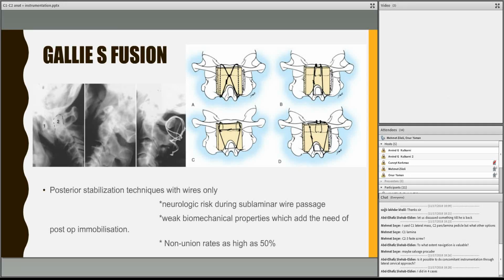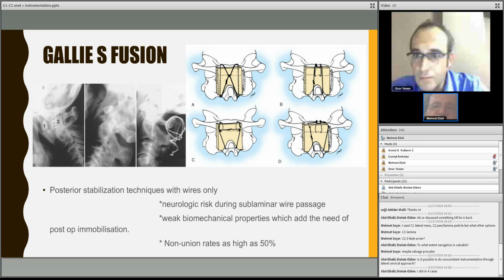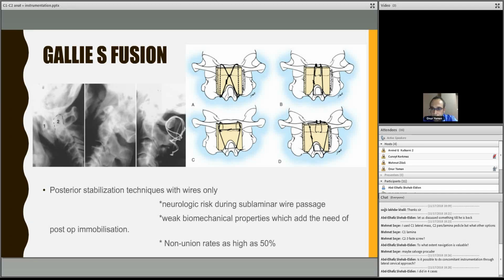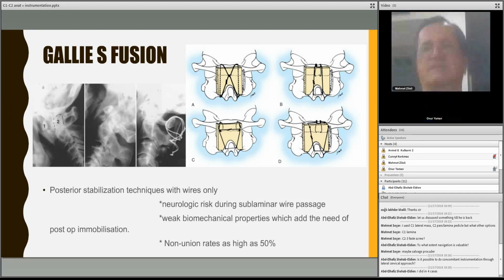The lateral approach is, I think, more difficult than the posterior approach because you must see the artery, follow it, and then mobilize the artery. Without doing that, it's quite difficult.